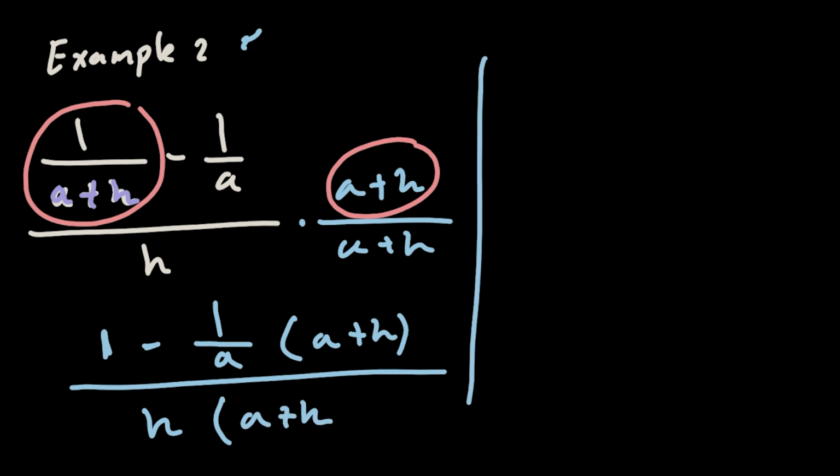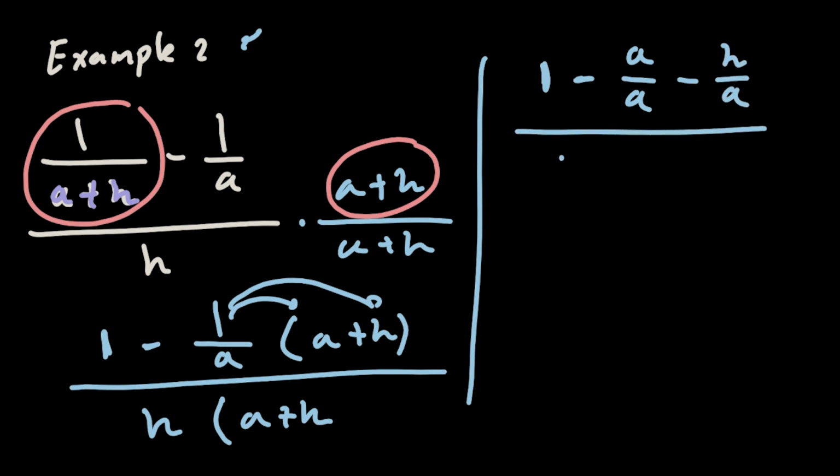So we'll have 1 minus, I will just distribute this minus 1 over a, so we will have minus a over a minus h over a, over h multiplied by a plus h.